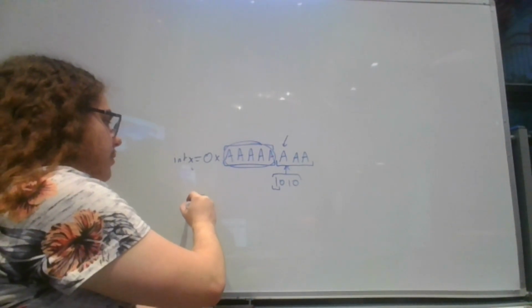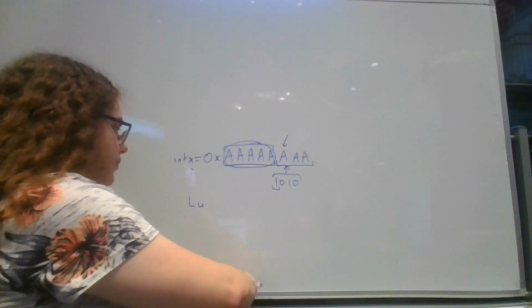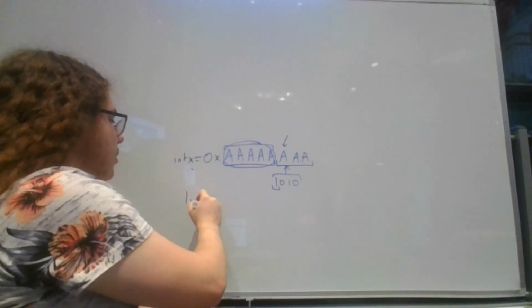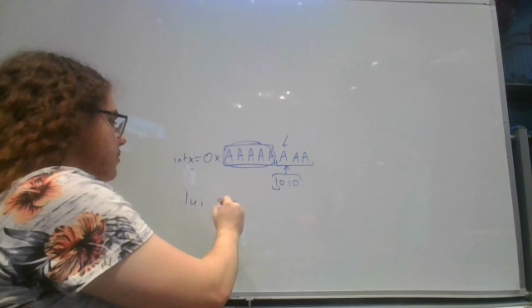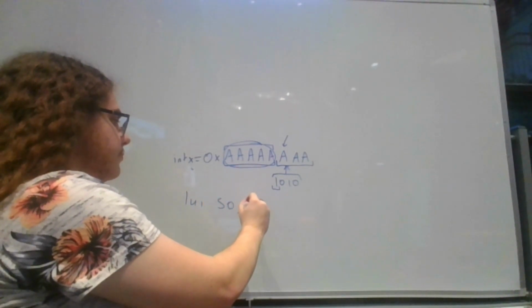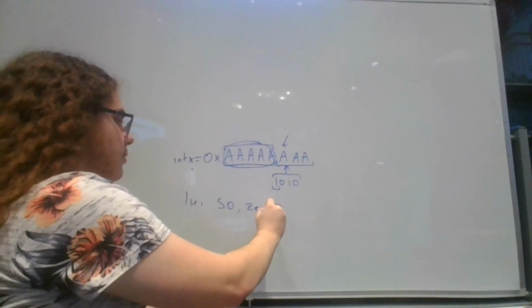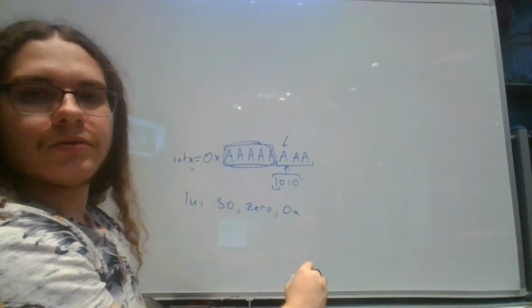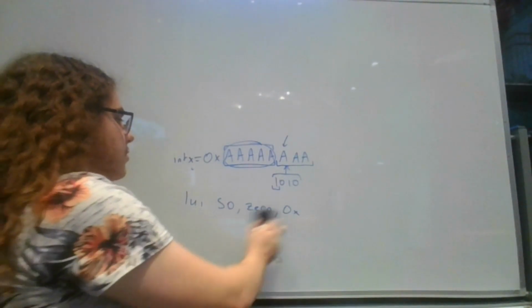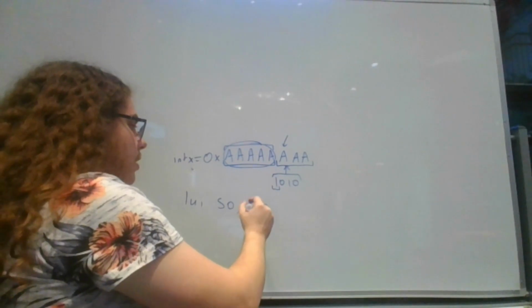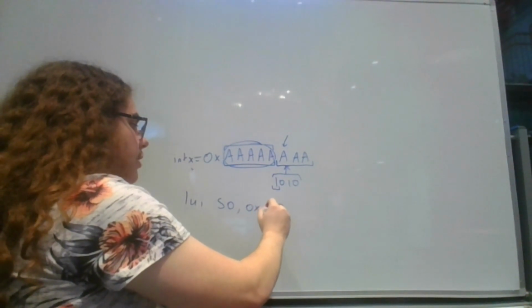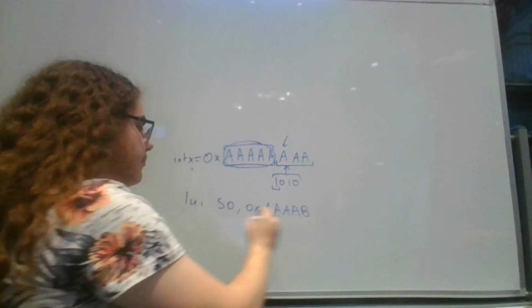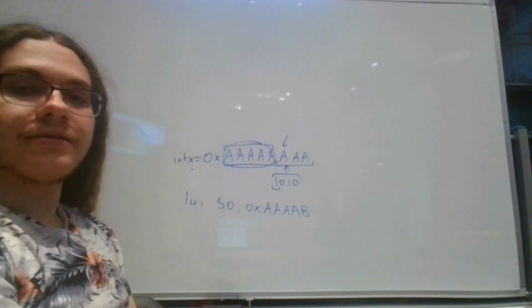So I would say load upper immediate, and then S0, and then I'm going to be loading the hex value, all A's with the B. And then I'm going to take S0 and add something to it.